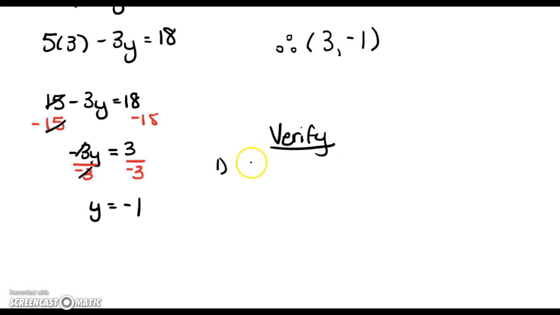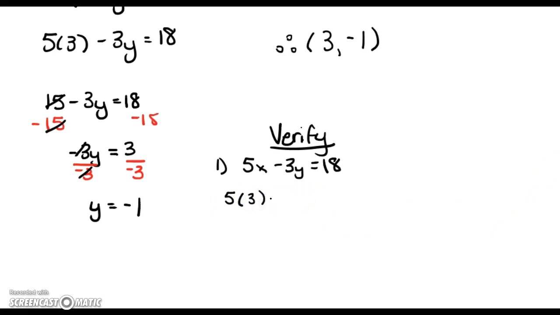So with my first equation, we had 5x minus 3y is equal to 18. What I'm going to do is put my x and y coordinate into that equation and solve. Make sure you use your original equation in case you made a mistake when you were solving for y. So always use those original equations.